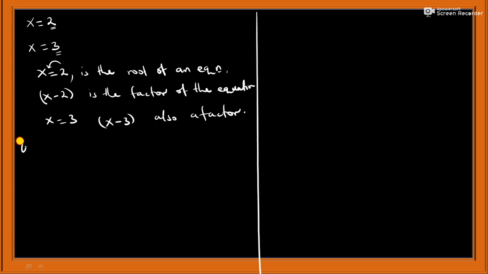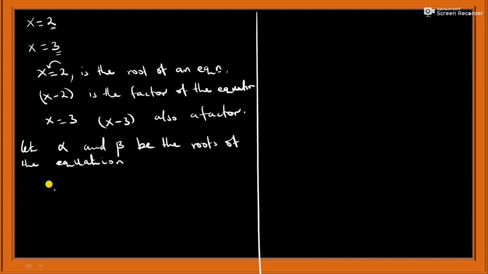Let alpha and beta be the roots of the equation. If alpha and beta are the roots of the equation, that means that if I solve, I'll get x equals alpha, and I'll also get x equals beta.